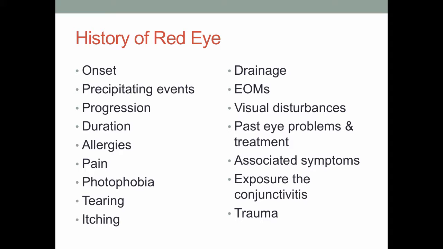The child denies any pain, but the mother notes that he rubs that eye a lot. When you ask the child, he denies both pain and itching. The mother states there's been no drainage and she hasn't noticed any watering or tearing. Mom hasn't noticed any changes in eye movements. The child denies visual disturbances, but he does have a very marked decrease in visual acuity when you do the Snellen chart.